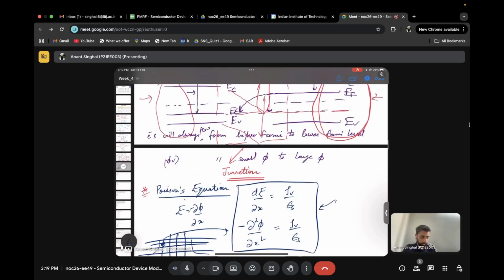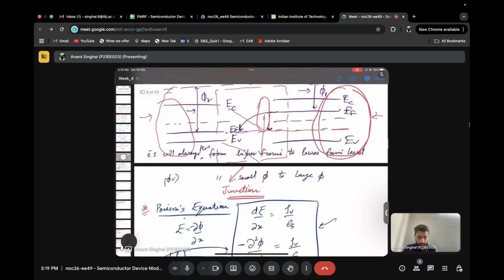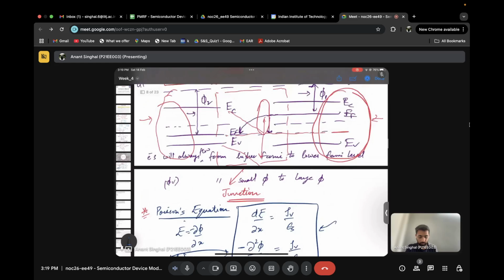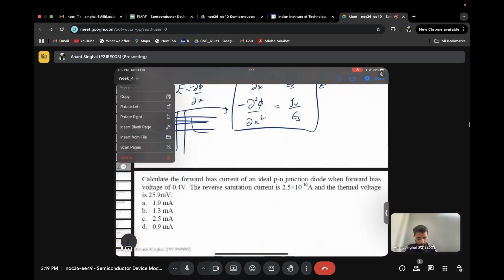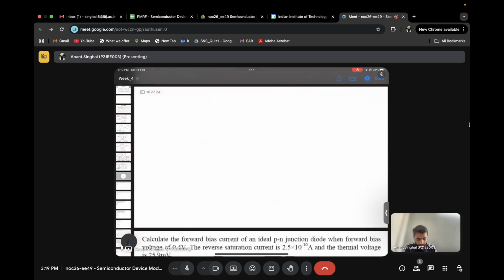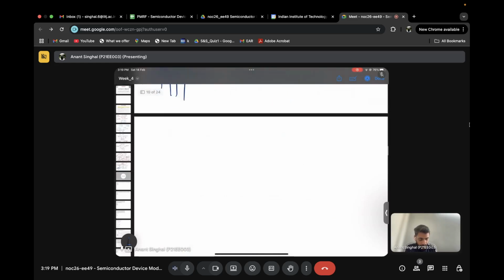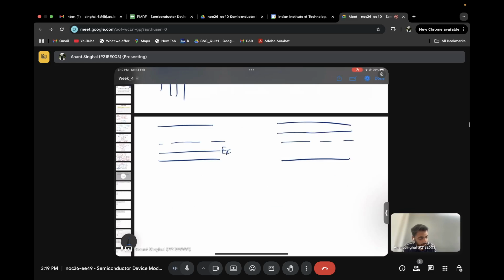So now if I try to, let's say, draw a band diagram of a PN junction for this particular case, let's do that. So as I said, let me make it again. This was the EF for this, and let's say this was the EF for this. So can you tell what type of material is this and what type of material is this? Is it P type or N type?